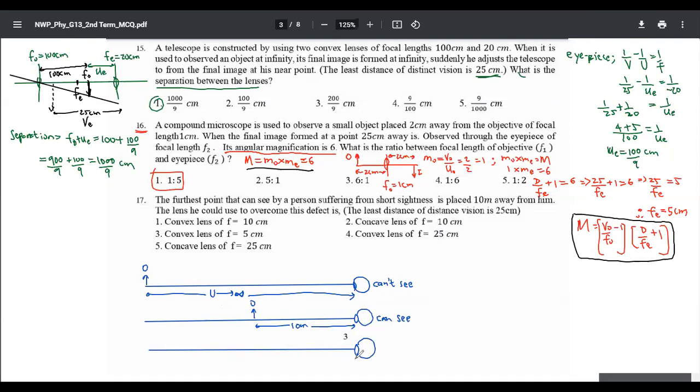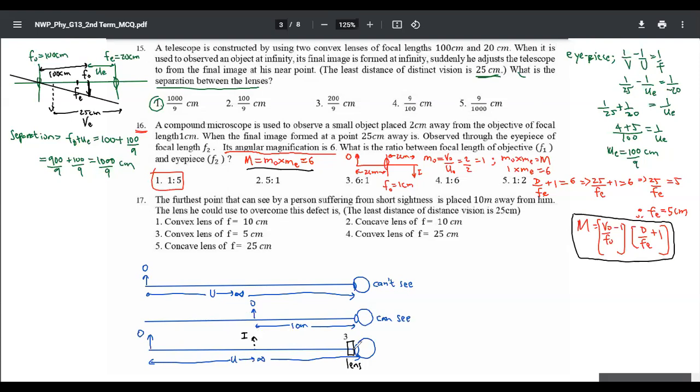So he must wear a lens. What that lens should do is, the object must be kept at infinity, because that's the purpose. Let's say you want to see a bus coming from a very large distance. You can't change the location of the bus. The bus will be where it wants to be. And what should the lens do now? It should create an image of the object at his far point here.